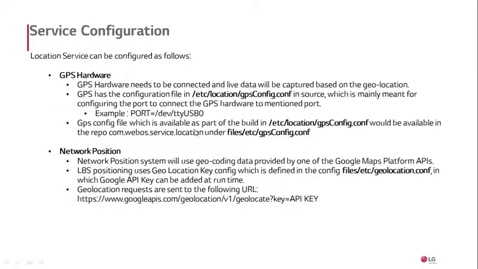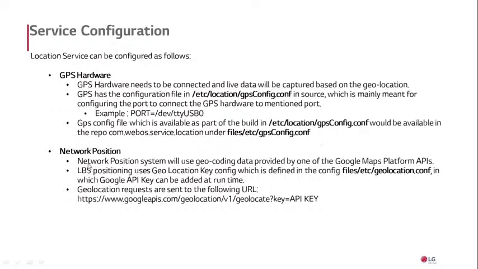GPS config file, which is available as part of the build in /etc/location/GPS config.conf, would be available in the repo com.webos.service.location under the files/GPS config.conf.